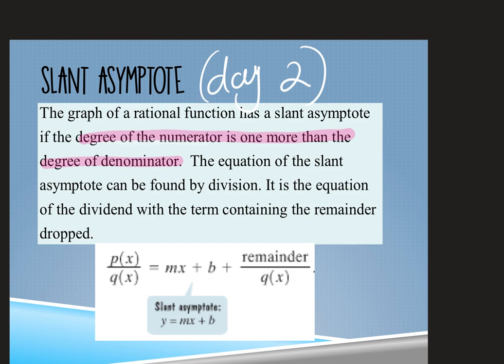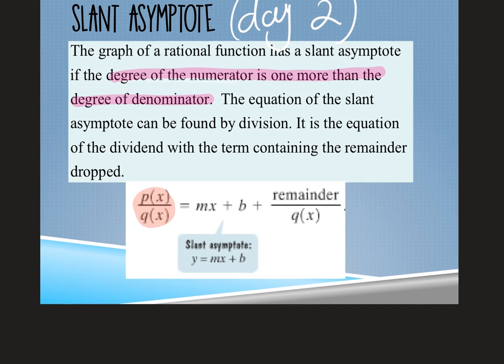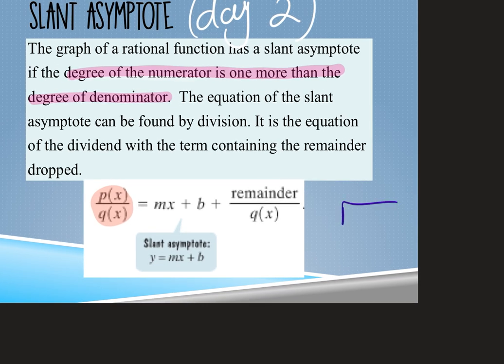The way we find slant is literally dividing out our terms. So I would divide the numerator by the denominator. And you can either use long or synthetic depending on what it is. If it's long division, then whatever's at the top without the remainder, we set equal to y, and that's going to be your slant asymptote.